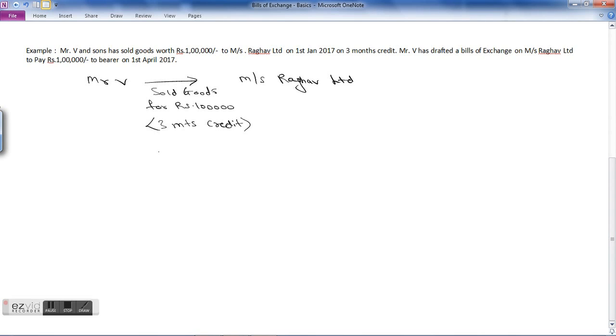Now Mr. V has drafted a bill of exchange on Messrs. Raghav Limited to pay rupees 1 lakh to the bearer on 1st April 2017. Now let's draft the bill of exchange. The format will be something like this. Here you will have a stamp.